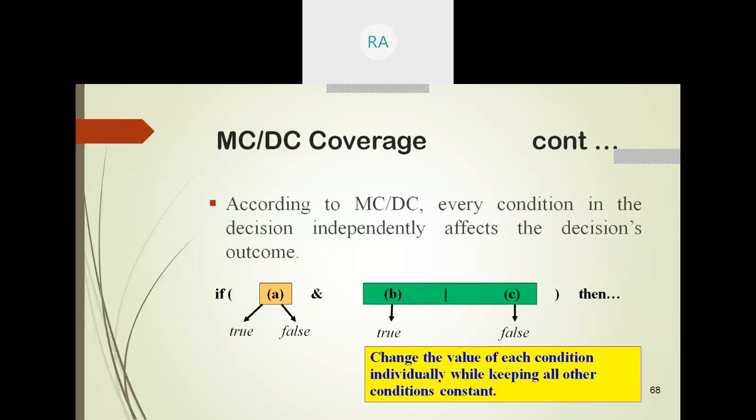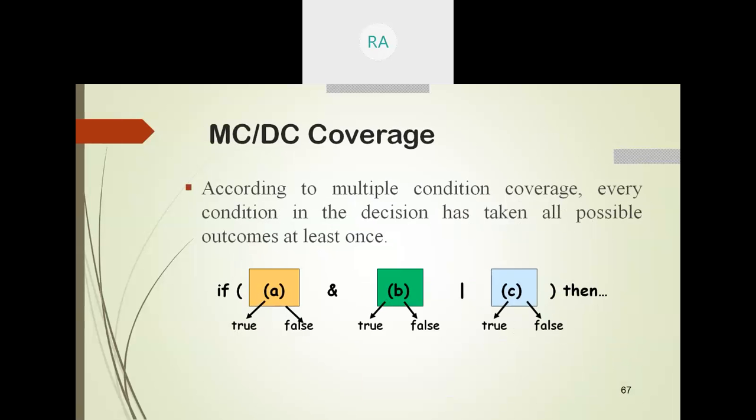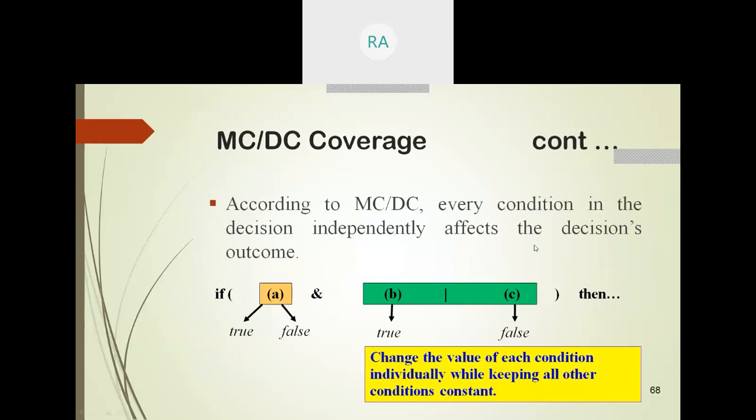After that, how do I test this? I have to keep one thing constant, one thing unchanged, and let me test these two things, or let me just check how B is impacting the decision of this particular condition. That is how I have to perform the MCDC technique.